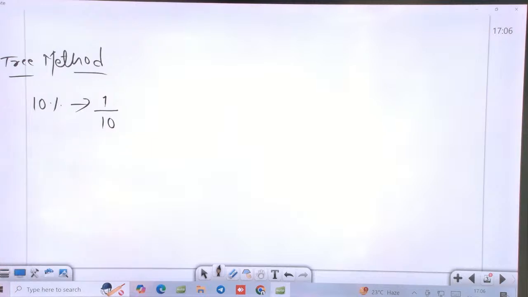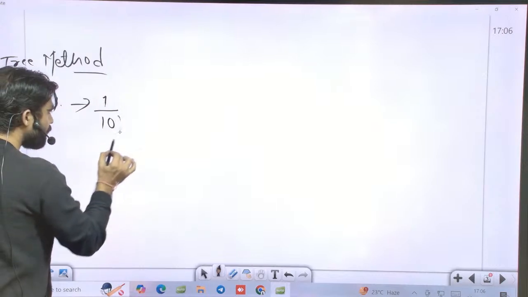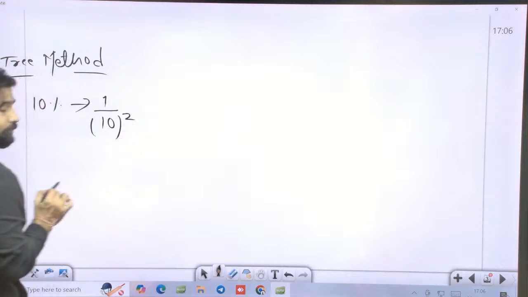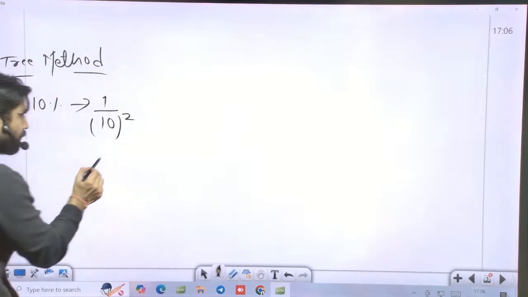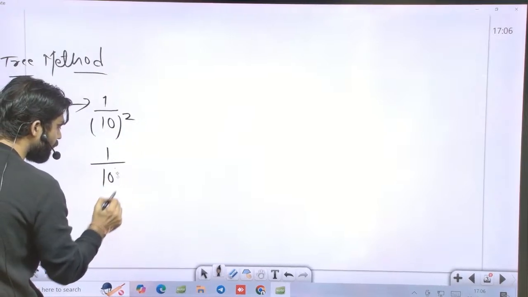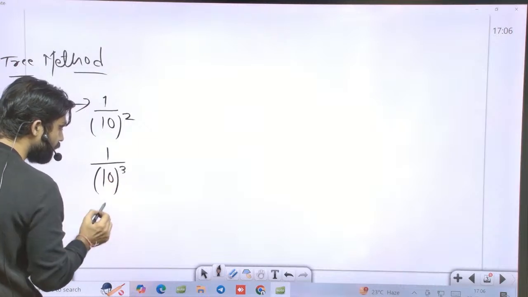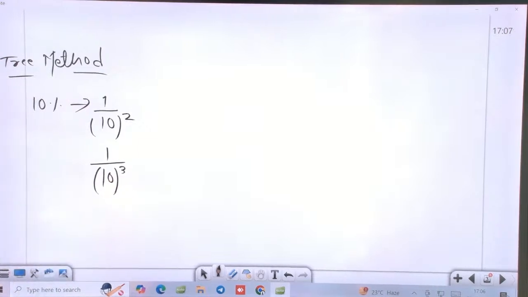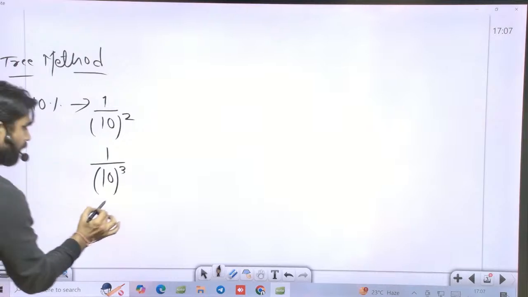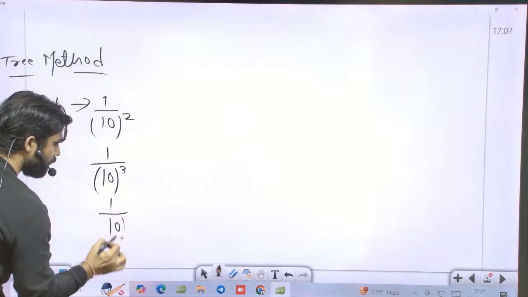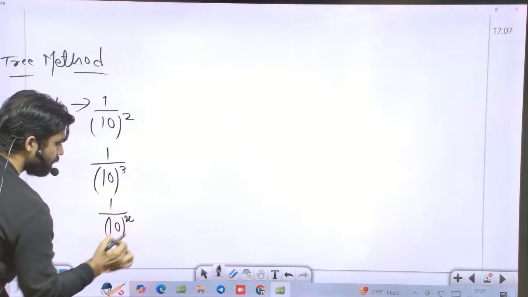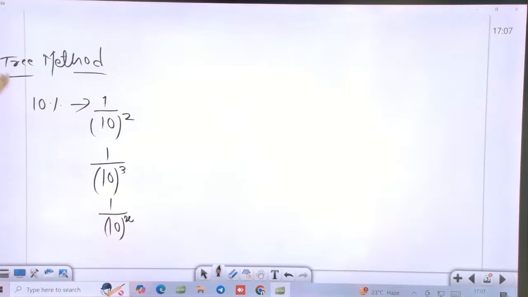If he has given you the number of years, like if he has given you 2 years, so you have to take the power of the denominator as 2. If he has given you the number of years as 3, you have to take the power as 3. Only denominator. If the number of years are x, then the power must be x. Write this thing first of all, please.